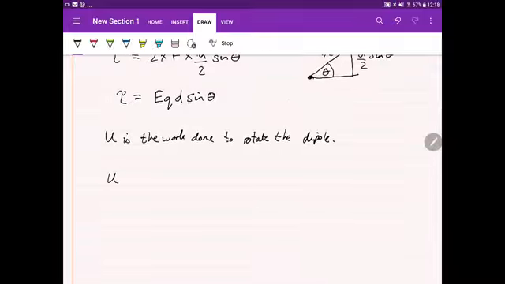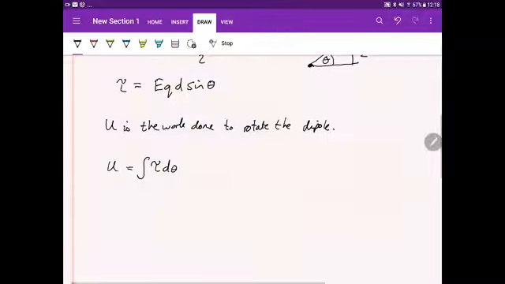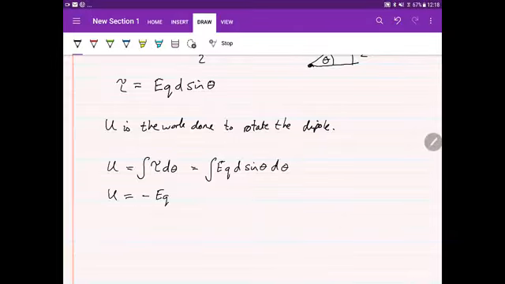So U is just equal to the integral of the torque times d theta, which is equal to the integral of the torque, which is EQd sine theta, integrated with respect to theta. So the integral of sine is just minus cos. So U is equal to minus EQd cos theta.